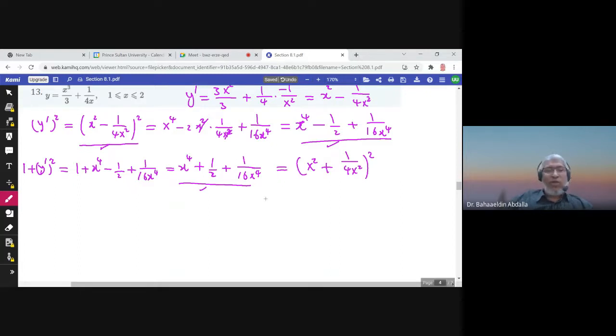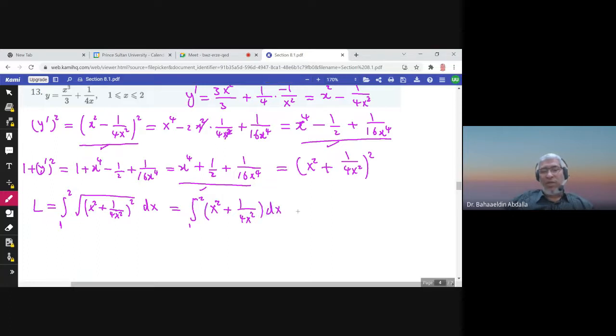So now when you find the arc length from 1 to 2 of square root of 1 plus y prime square, you wrote it as a perfect square. So the square root cancels with the perfect square, and you have x squared plus 1 over 4x squared, and you can find this integral easily.